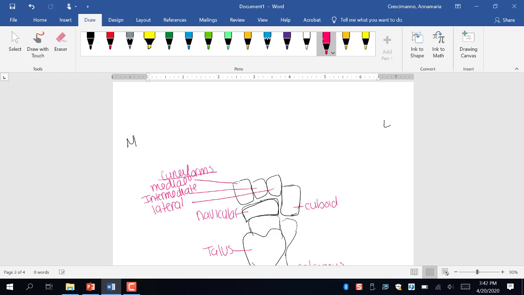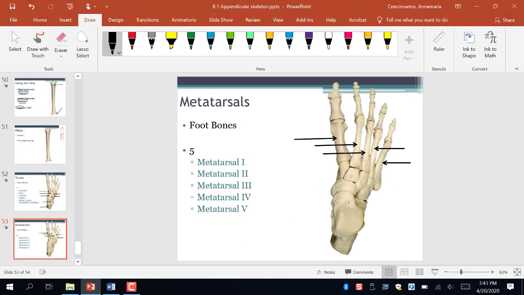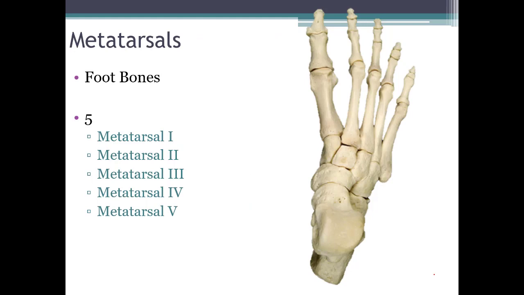Okay, from here, the metatarsals mimic the metacarpals, and the phalanges act the same way as they did in the hand. So, the metatarsals are the remaining bones in our foot. We're going to start with number 1 as the hallux, so metatarsal 1, or you can write the 1 up here.